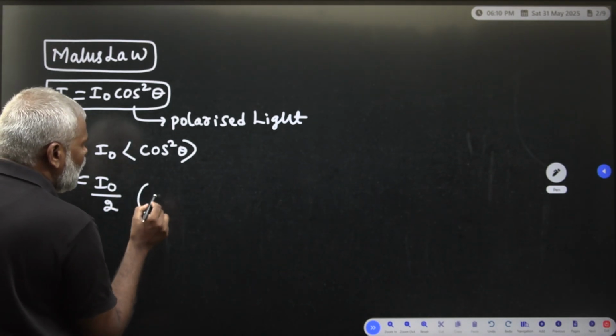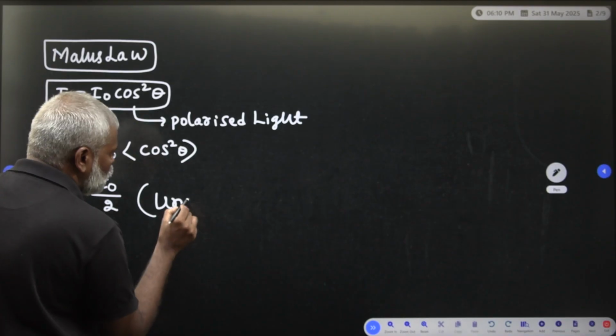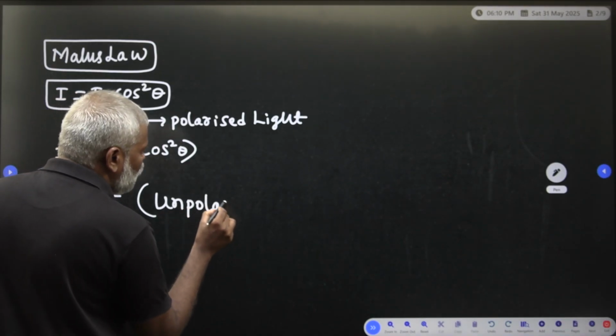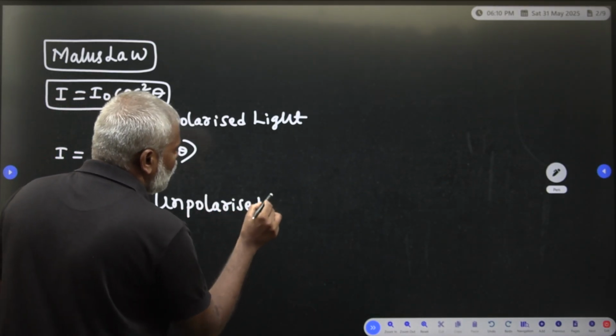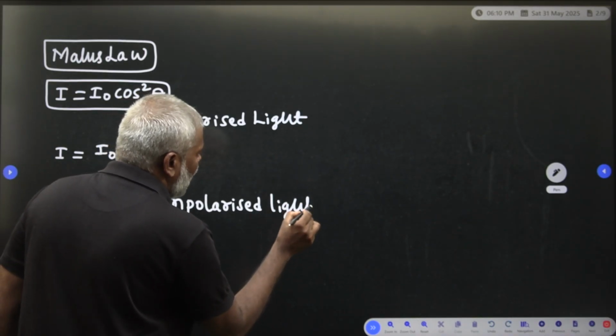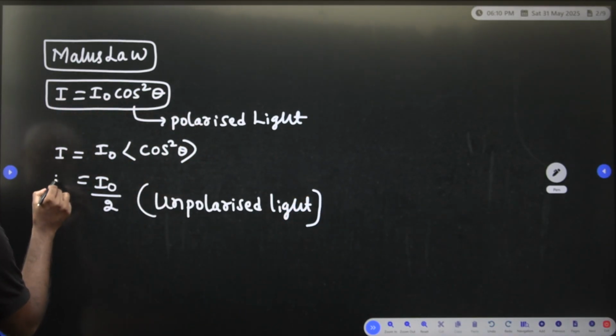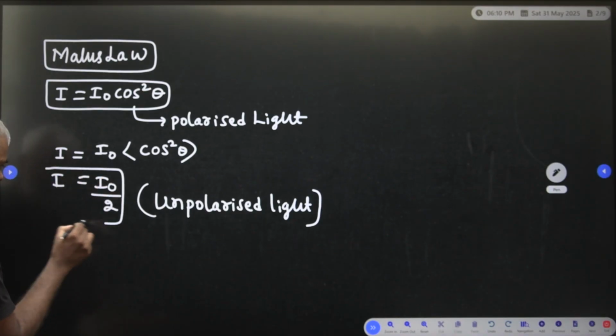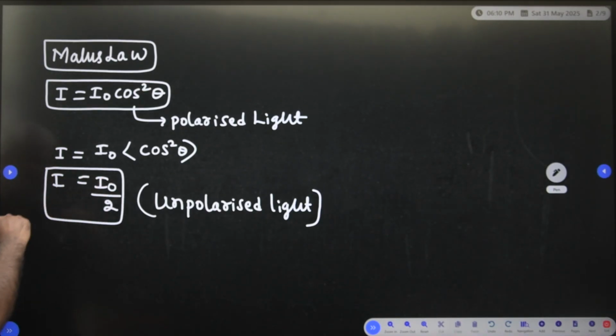So for unpolarized light, I is equal to I naught by 2.